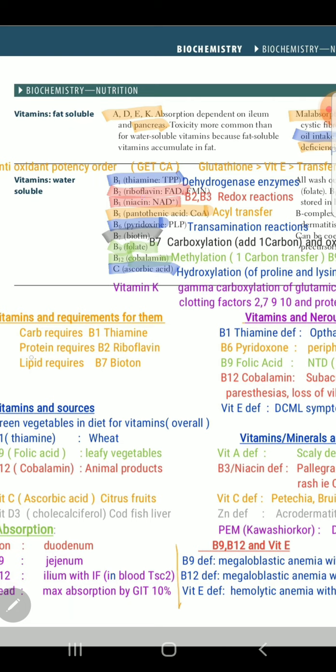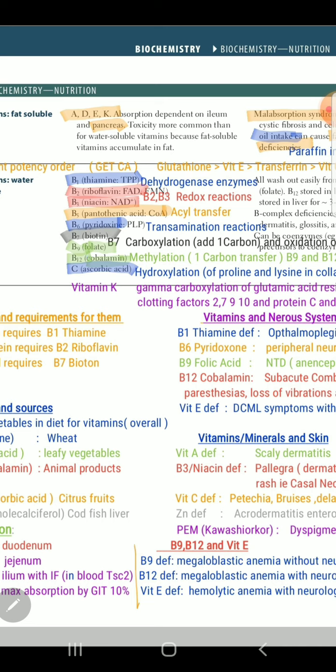And vitamin B9 and B12, I have made them green because they are very closely linked. B9 is folate, it is present in green vegetables, and B12 is opposite to it, it is cobalamin, it is present in meat and other animal products. Both are used in methylation reaction, one carbon transfer.